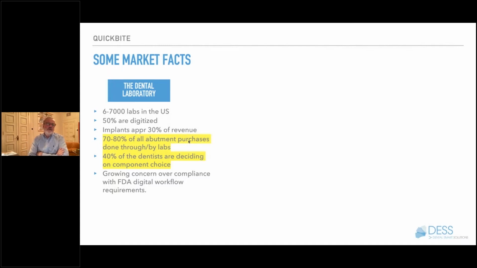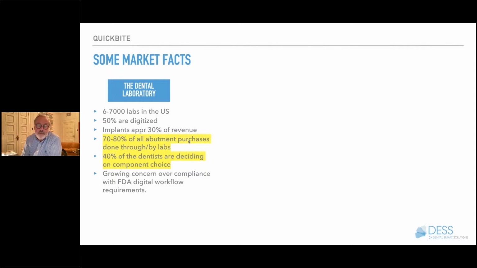But here comes some very interesting statistics that we've obtained as well. 70 to 80% of all abutment purchases are actually done by the laboratory. So you are very influential in not only buying the products that are special to the laboratory treatment, but many times the dentists leave it up to the laboratory as well to choose the correct components.